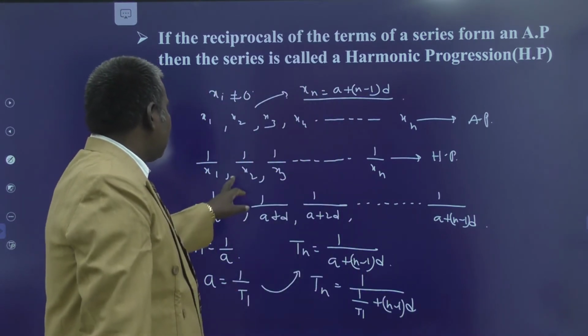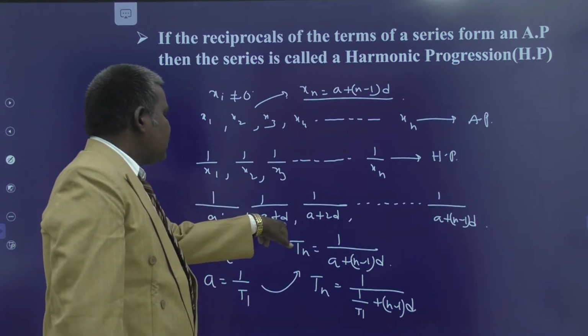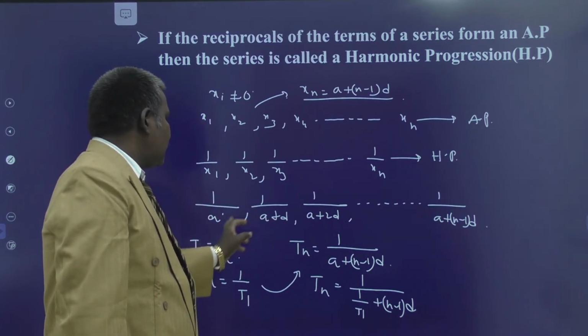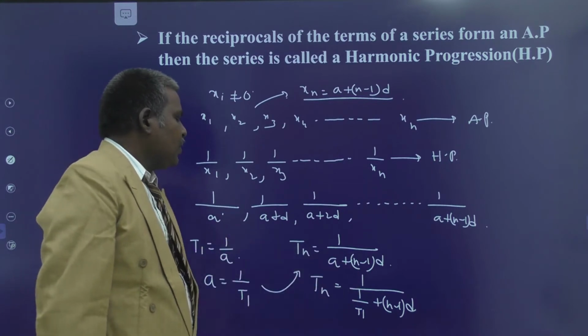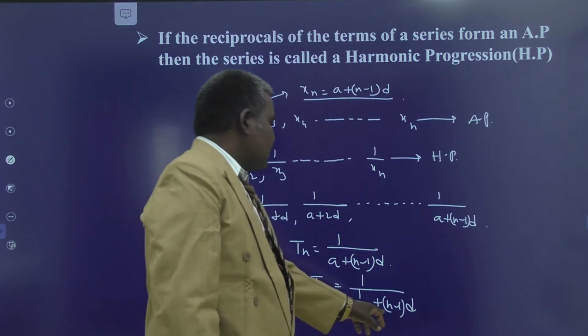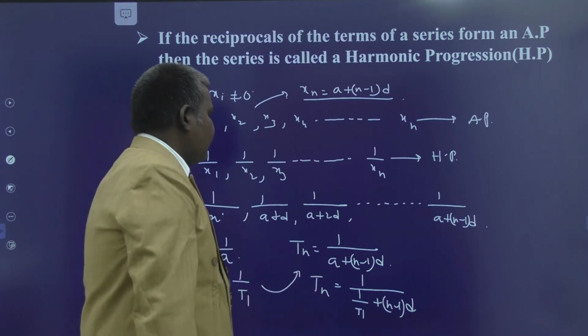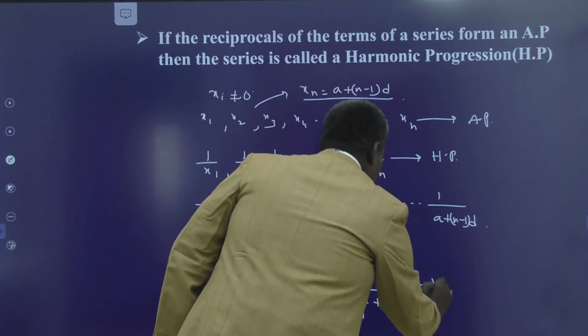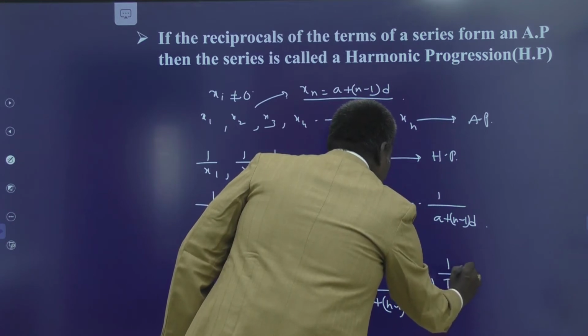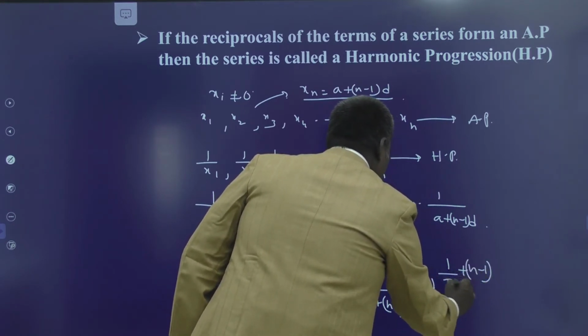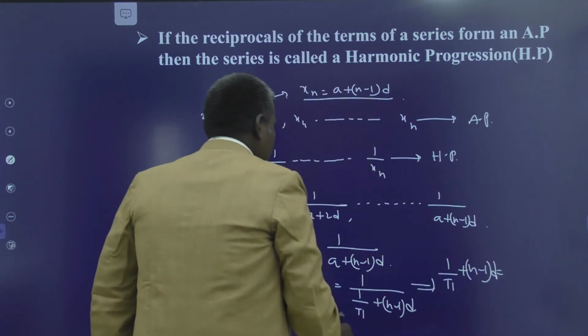Difference is the difference of the denominator values. This is a plus d, this is a, then (a plus d) minus a gives d. So from that you can calculate the value of d. 1 by T1 plus (n minus 1) times the difference is equal to 1 by Tn.